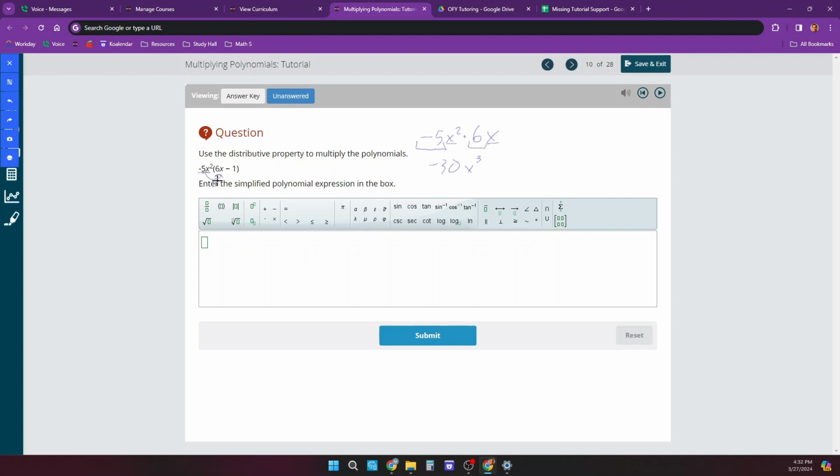So now we take negative 5x squared and multiply it by negative 1. So negative times a negative would be a positive, so that would just be 5x squared. And that would be our answer. We just combine them both. So that's going to be negative 30x to the third plus, because the negative canceled and turns into positive, 5x squared. And that would be your answer.